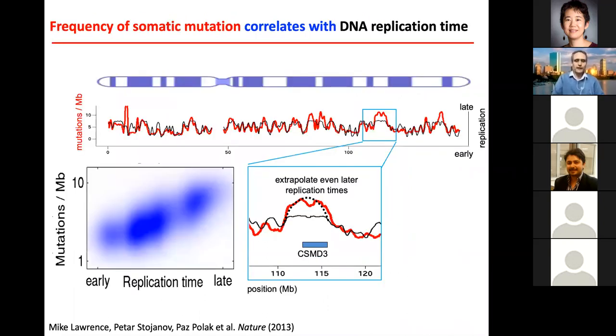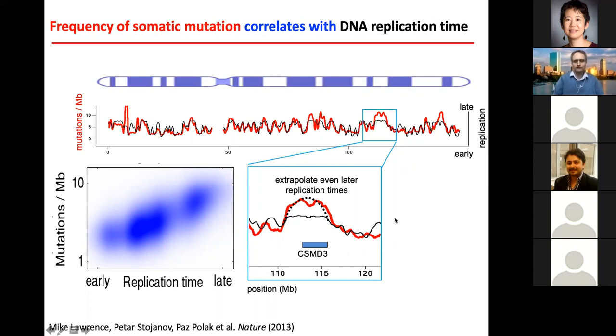There's also another striking observation, that the mutation rate is higher in late replicating parts of the genome. The genome is not replicated from one end to the other. There are origins of replication, and some regions of the genome are replicated early and some are late. The later ones have more mutations than the early ones.